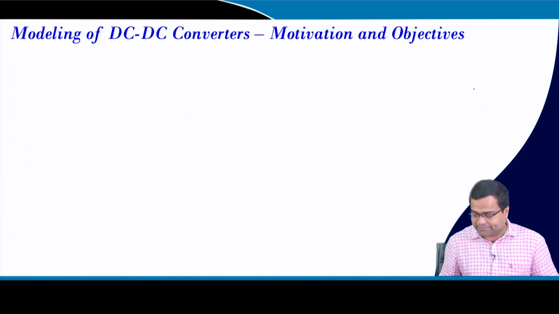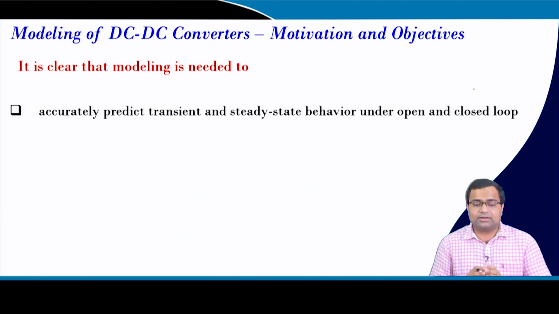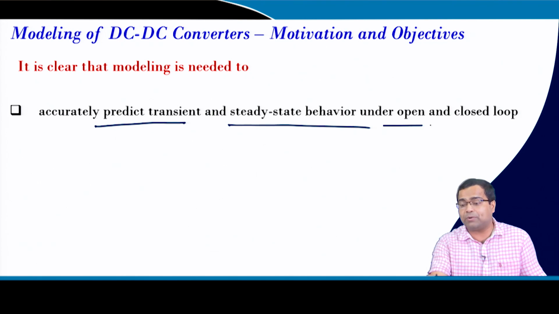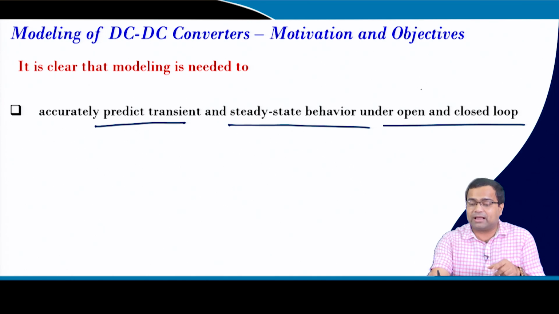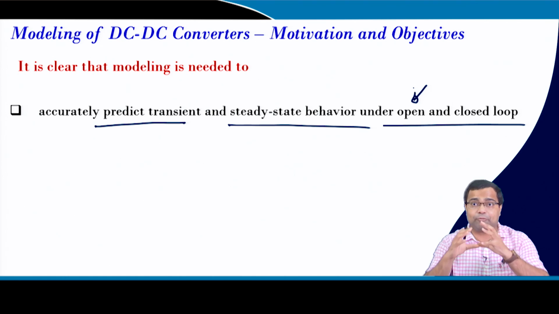That means this gives us the motivation. It is clear that modeling is needed to accurately predict the transient and the steady state behavior under both open and closed loop, because ultimately our objective is to design a voltage source.